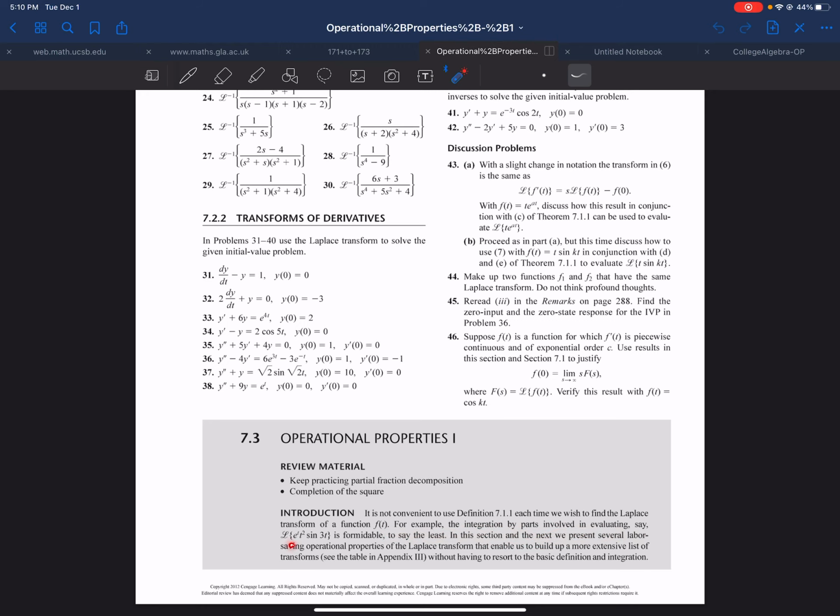Evaluating something like e to the t times sine 3t takes integration by parts twice, and it wraps around, and you have to add it back, and all of that stuff. So maybe there's an easier way to do these using tricks. And this whole section is about tricks to make our lives a little bit easier.